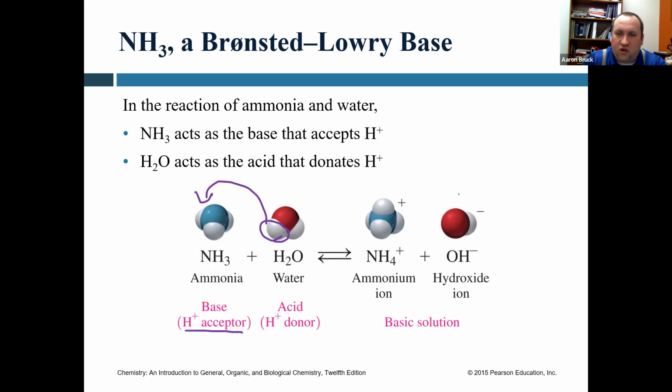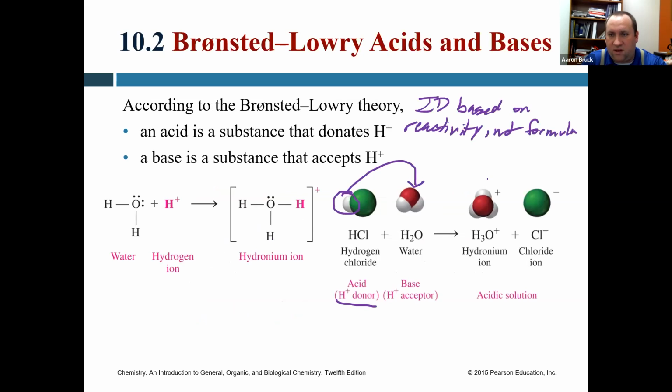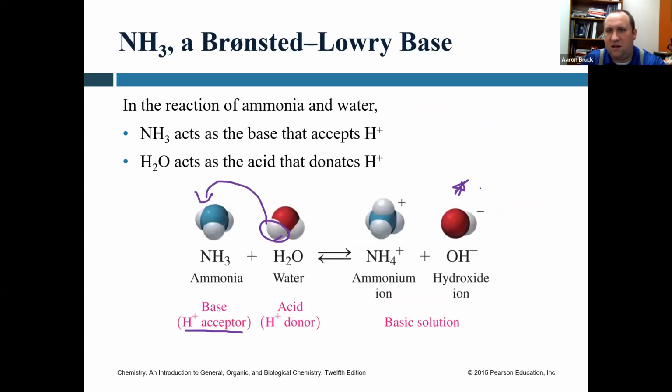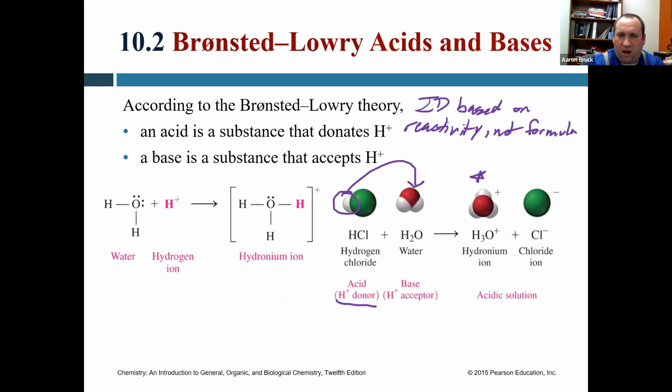Now, one thing that you should notice is that with these Bronsted bases and Bronsted acids, we are getting essentially the same things as what our Arrhenius definitions were doing. When we talk about the reactions of these acids and bases with water, we will see that bases give us hydroxides and acids give us hydrogens in the form of hydronium.